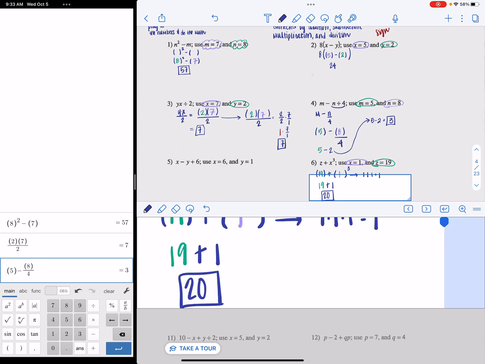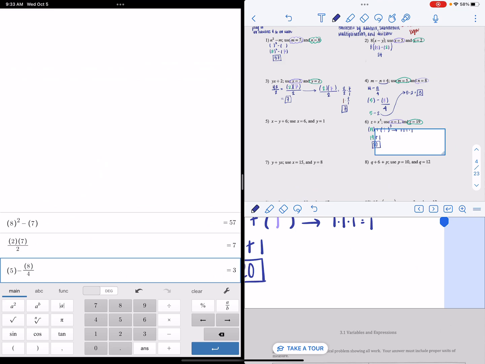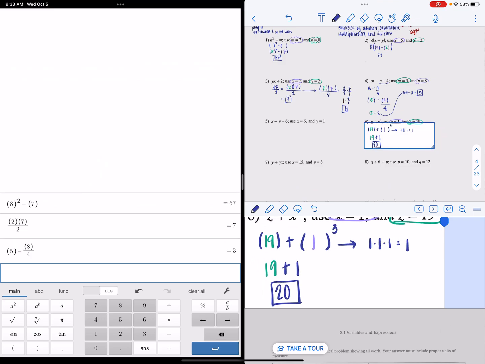For Desmos, when you go to plug this guy in, plus 1, and you need a cubed right next to the a squared button that you would normally use to square a value.